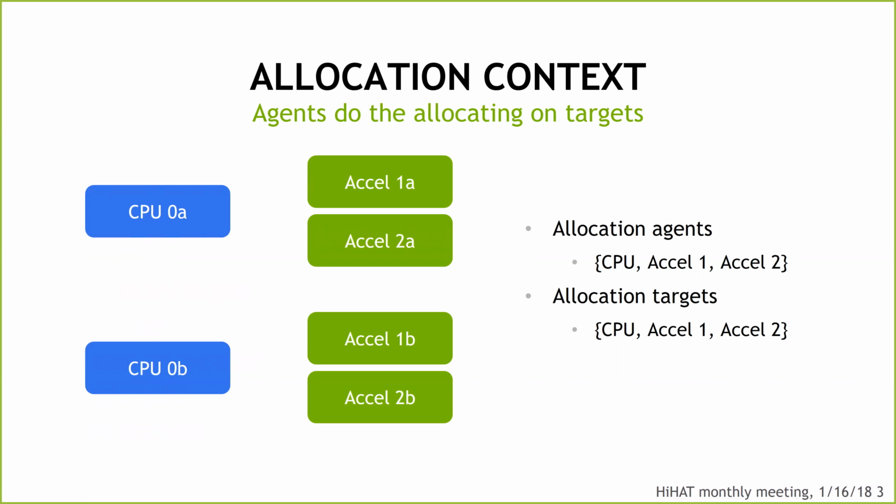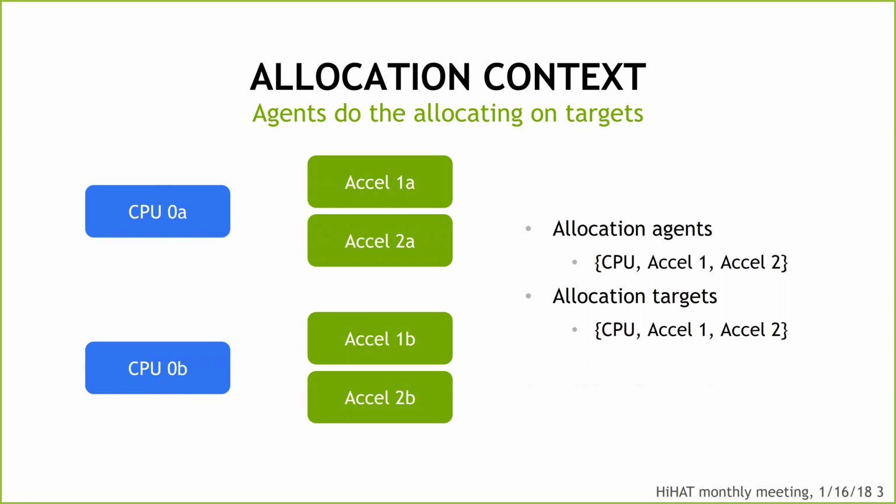So you then may have some distinction between who it is that's running the code that manages the allocation of memory, and where it is that the resources that are being allocated live. So that's a distinction between an agent and a target.